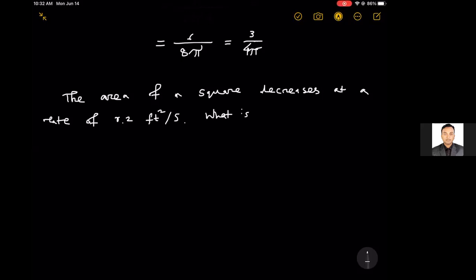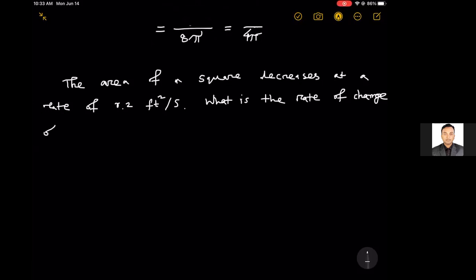What is the rate of change of the side when the side is, let's say, 4 feet.